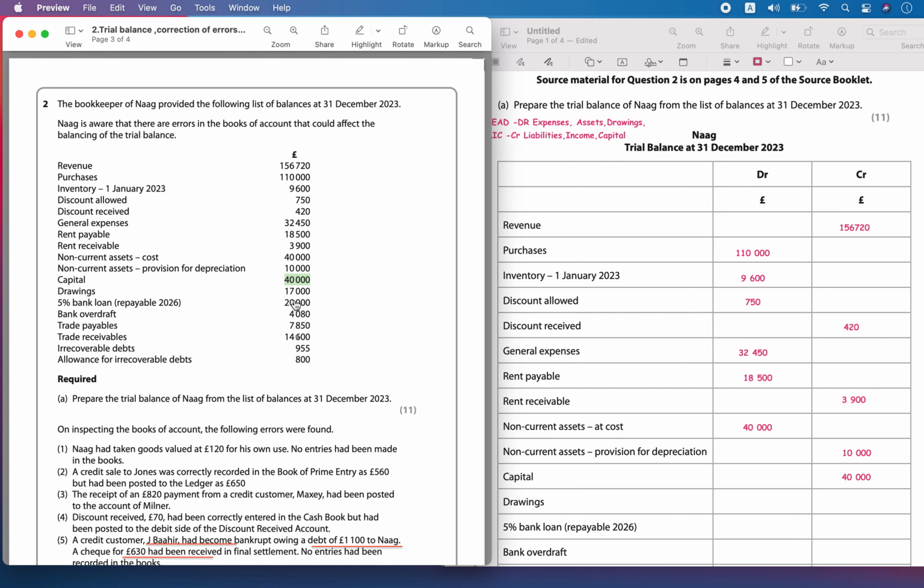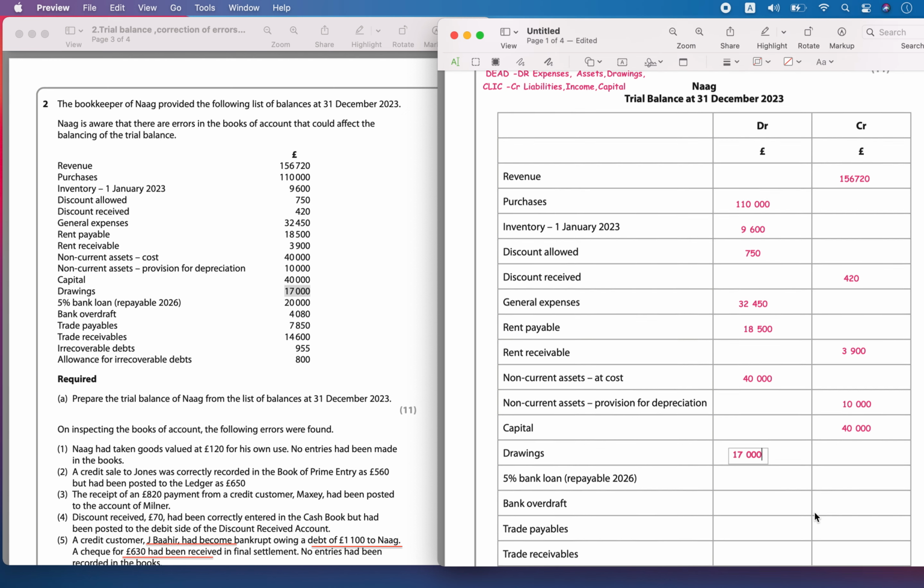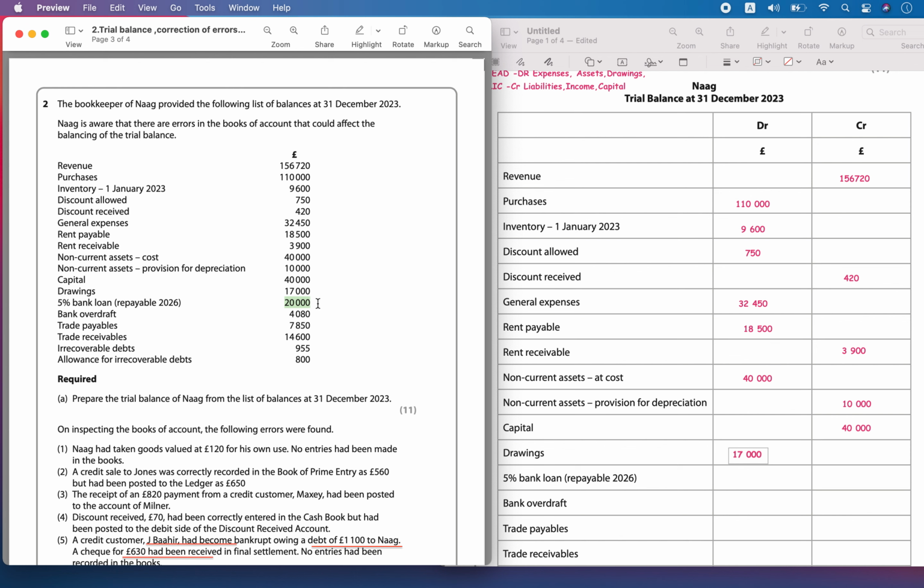Drawings is a debit balance. Let's put that. Then 5% bank loan repayable 2026. It's a non-current liability, so it is a credit balance. So 20,000.